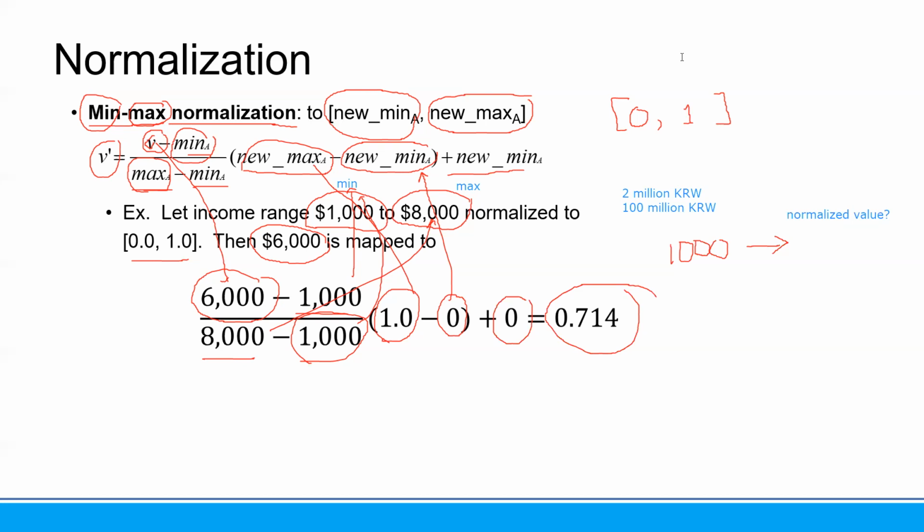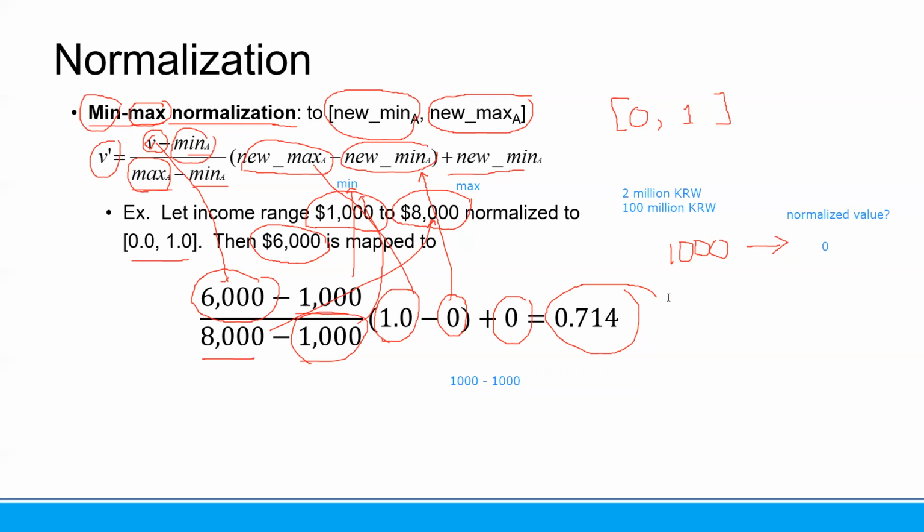Okay, that's correct. It is 0, because 1,000 minus 1,000 is already 0. You don't need to think more, because I know that the minimum maps to 0. So the normalized value will be 0.